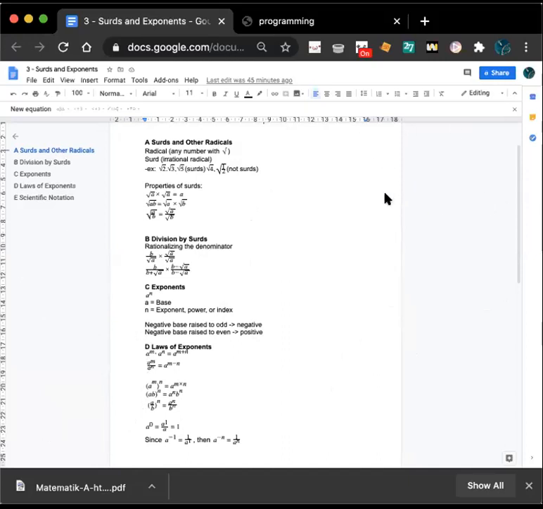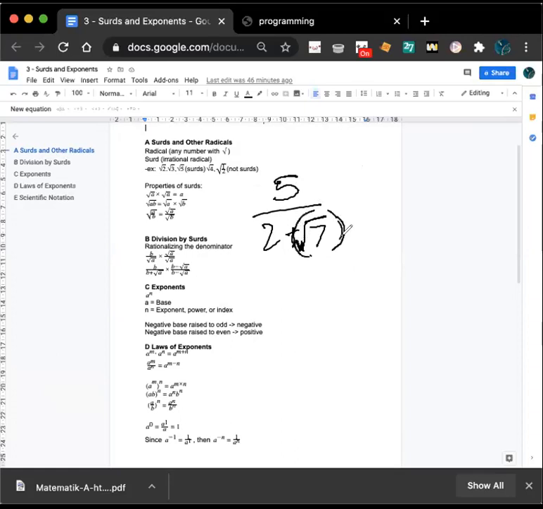The next part is maybe, for some people, the trickier part when it comes to surds. For example, we have 5 over 2 plus square root of 7.